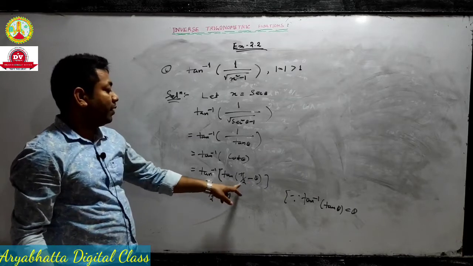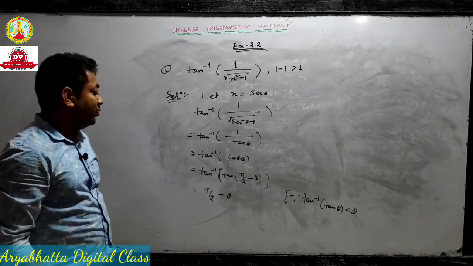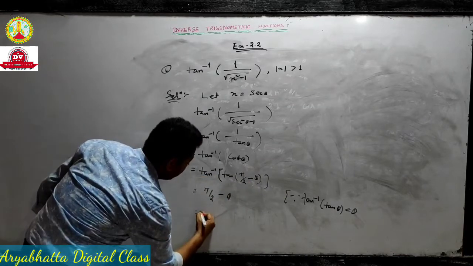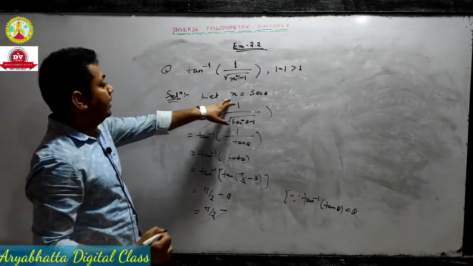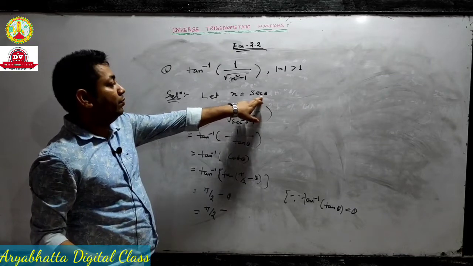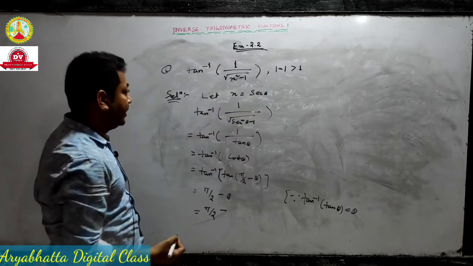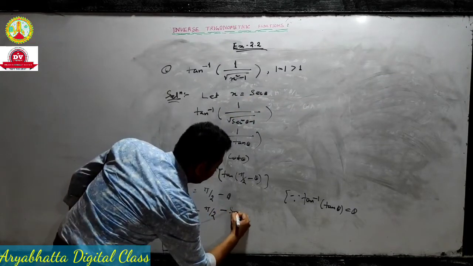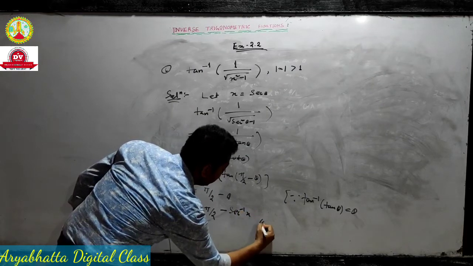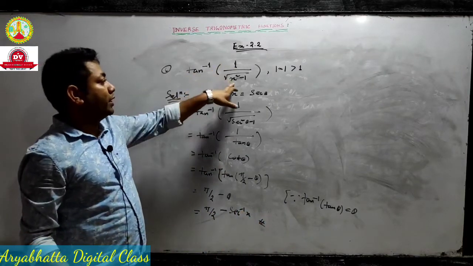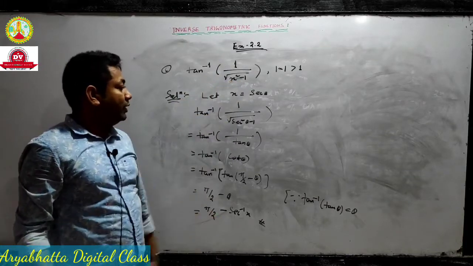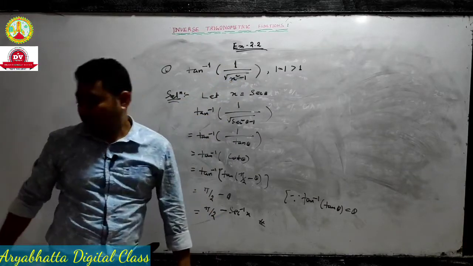Therefore, tan inverse tan pi by 2 minus theta is equal to pi by 2 minus theta. This is equal to pi by 2 minus, here x equal to sec theta. Therefore, theta equal to sec inverse x. This is the required answer. Tan inverse 1 by root x square minus 1 is equal to pi by 2 minus sec inverse x.